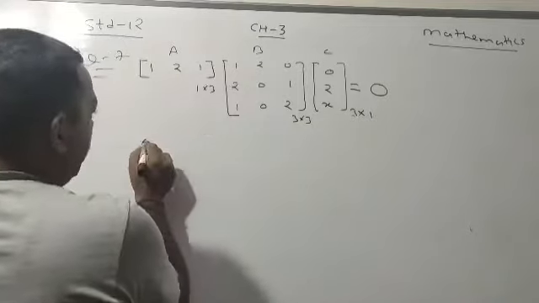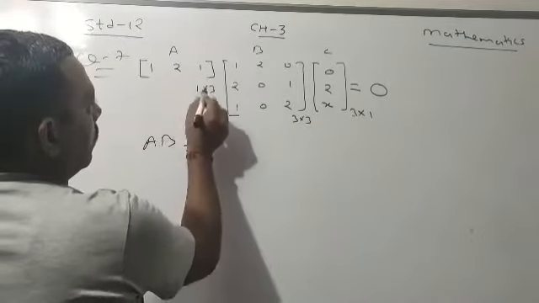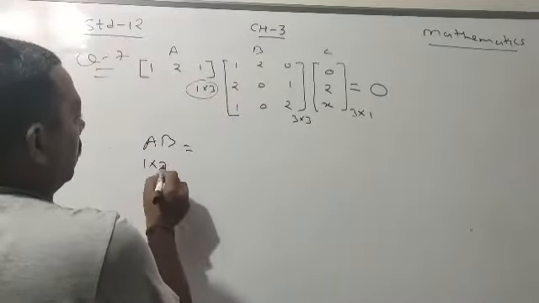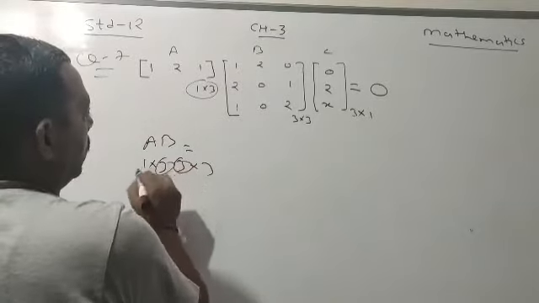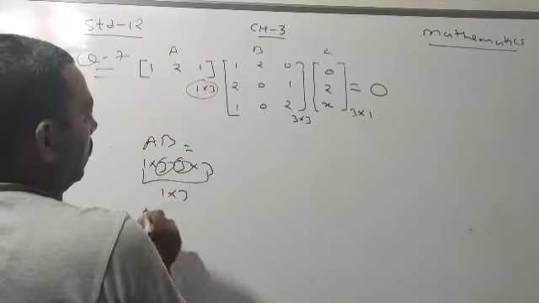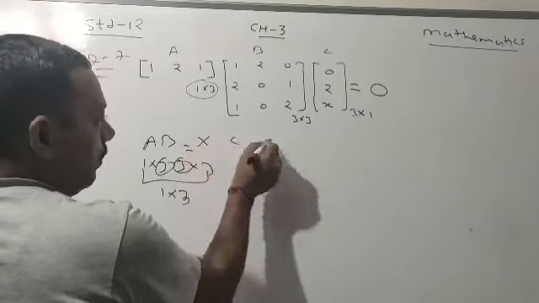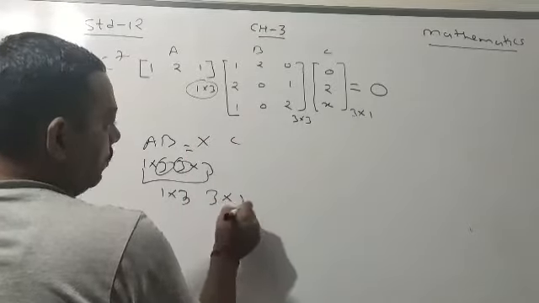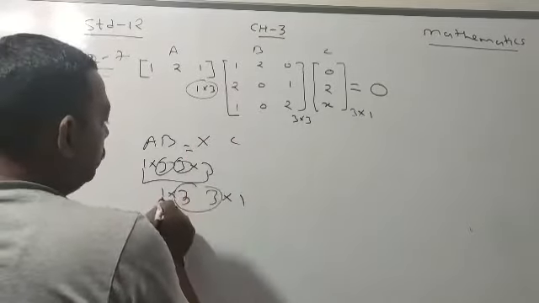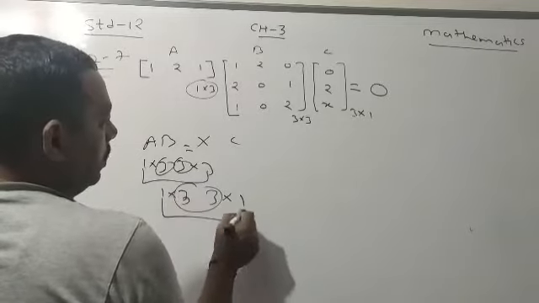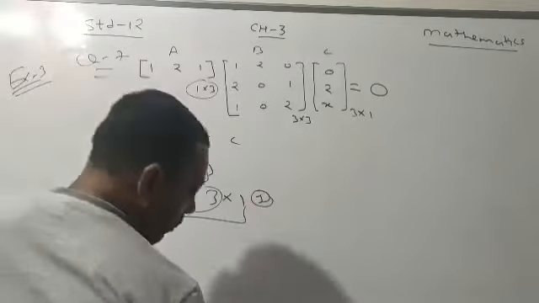Suppose I find AB first. Then because A is 1 by 3 and B is 3 by 3, the product is possible and the answer is 1 by 3. And that I have to multiply with C, whose order is 3 by 1. So the resultant answer is only 1 by 1.